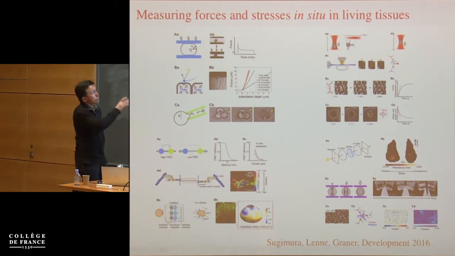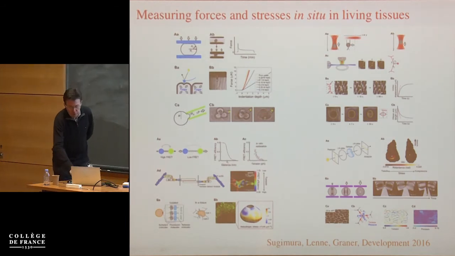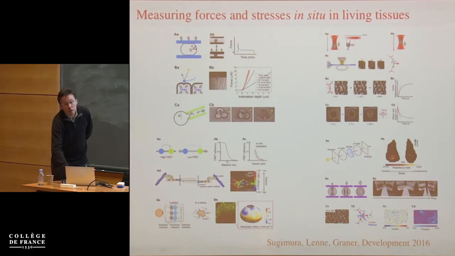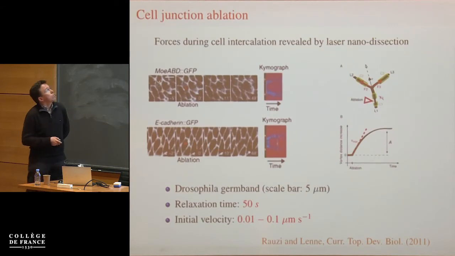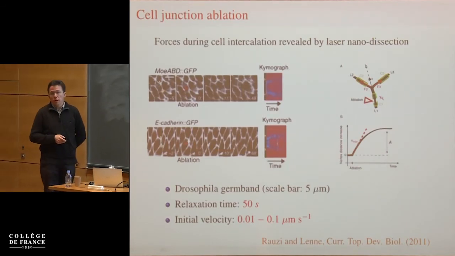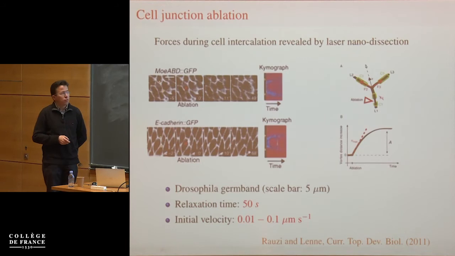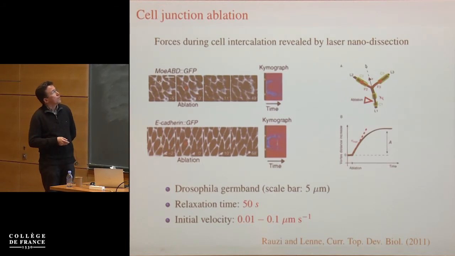So, of course, I do not have time to discuss all this in detail, but as an introduction, I selected 3 examples of these methods, which, well, actually were used by each of the 3 authors of this paper, and I think give a good introduction to what will follow. So the first one is cell junction ablation, and in fact, I think Johannes, a couple of weeks ago, mentioned this already.